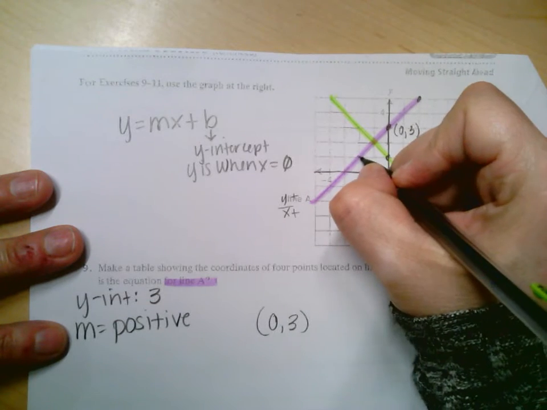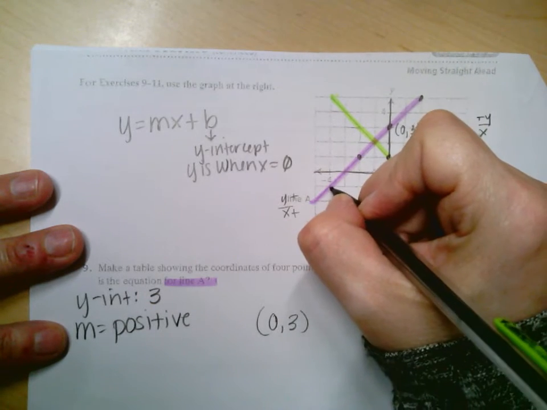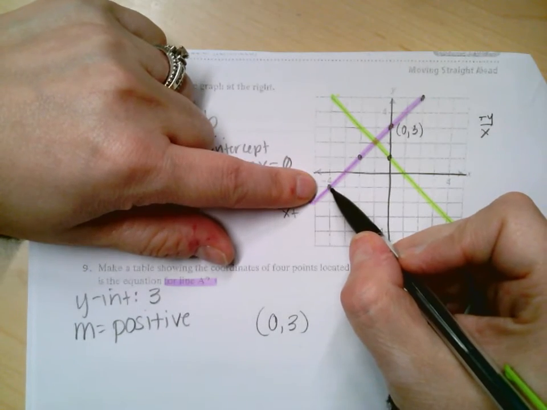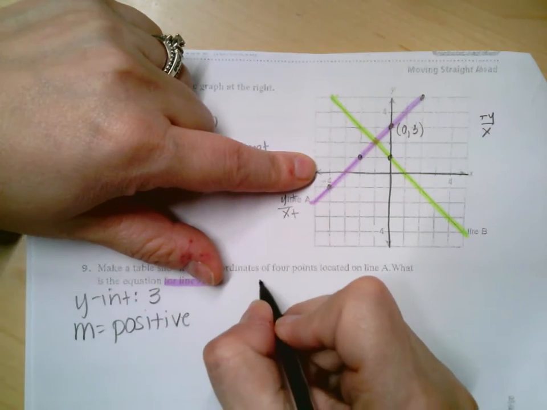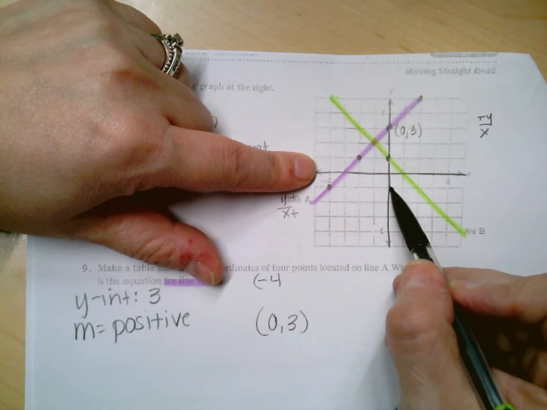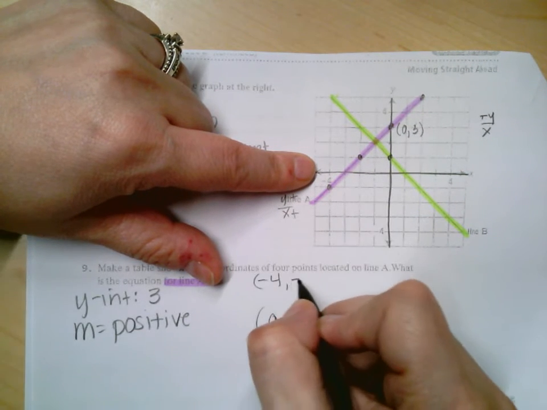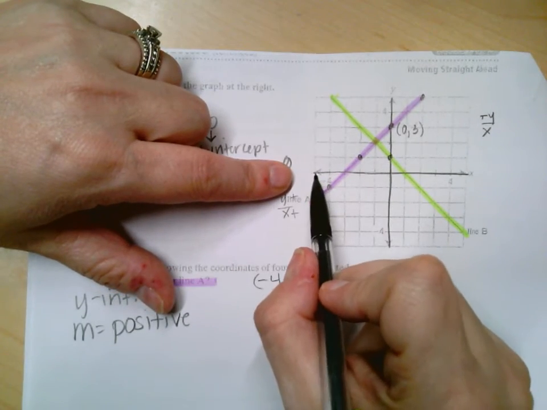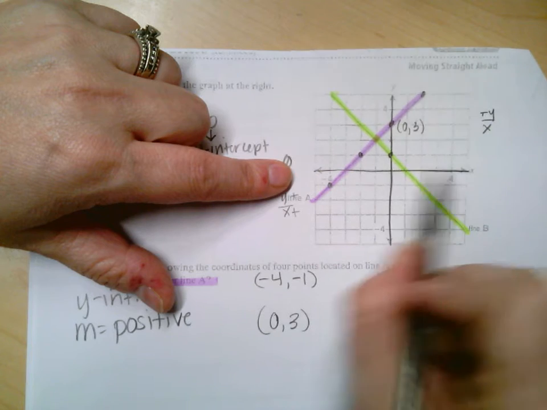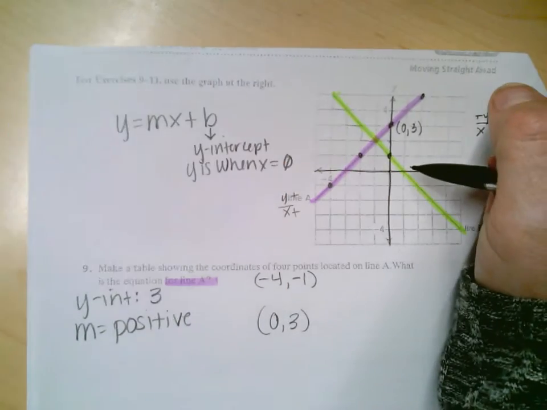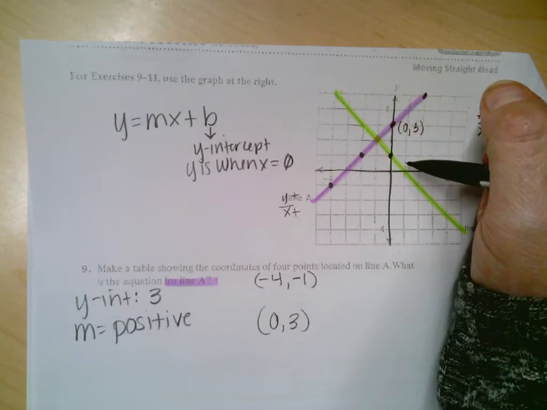Let's go every 2, down every 2 or up every 2. So this one, my x is actually negative 4, and my y, I go down 1, is negative 1. Anytime I move to the right or to the left of my 0, 0, that is my x.